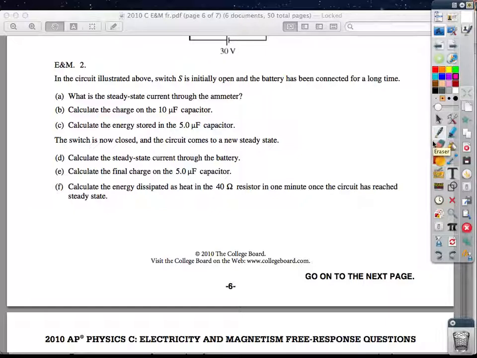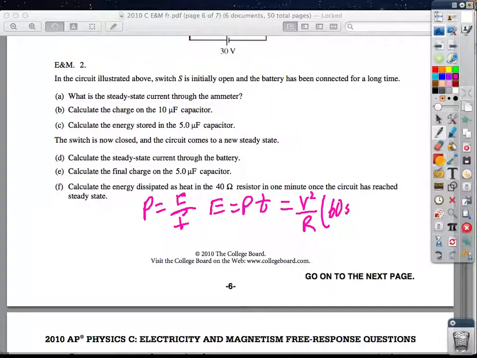Okay, so calculate the energy dissipated as heat in the 40 ohm resistor in 1 minute. So since power is energy over time, then energy is power times time. For power in a resistor, we know the voltage already, that's 20 volts, so I'm going to pick V squared over R, that makes life easy for me, times the time, which is 60 seconds.